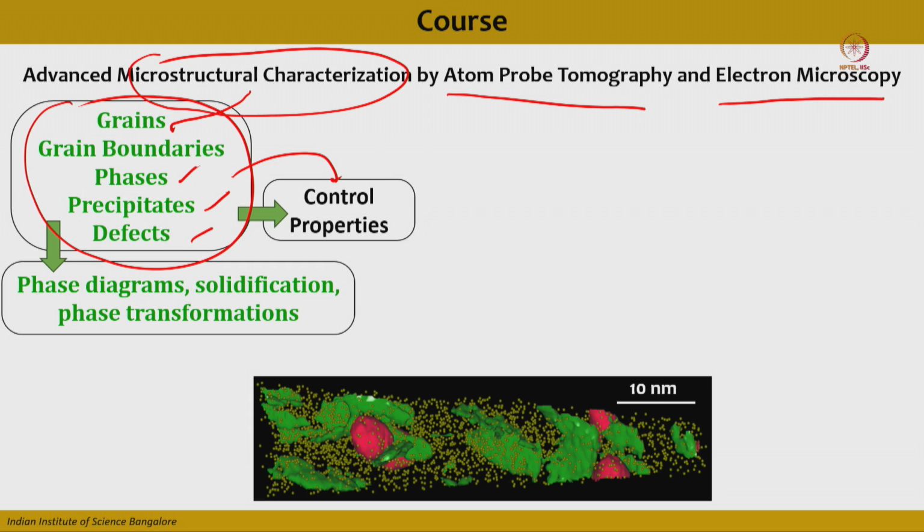Properties can be anything: functional properties, mechanical properties, and magnetic properties, but all of these can be controlled by these microstructural features, or by tuning the volume fraction of these features. These features can be fine tuned by studying phase diagrams, solidification, and phase transformation. These are the three important things needed to design the microstructure.